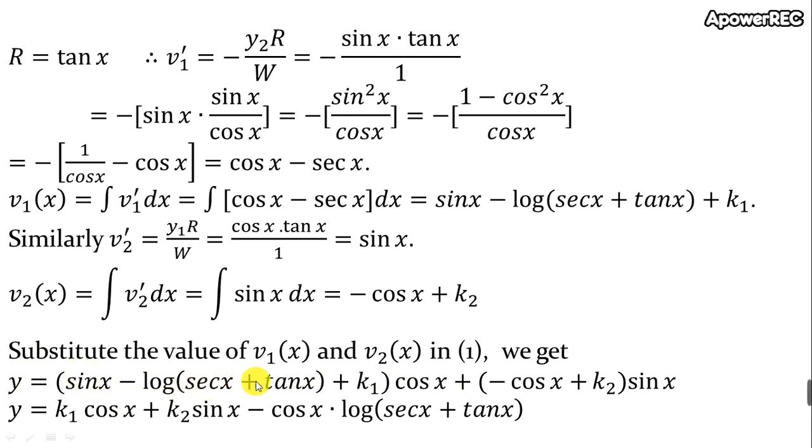This is the complete value of v1 into y1 plus v2 into y2. On simplification of these two, we get y equals k1 into cos x plus k2 into sin x minus cos x into log of secant x plus tan x.